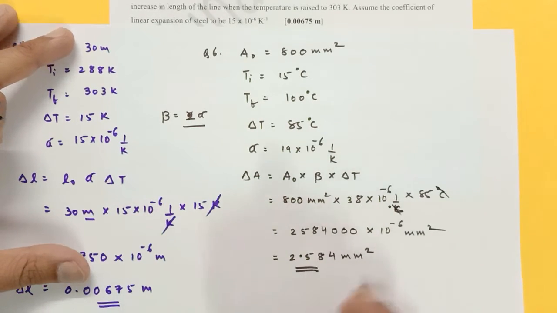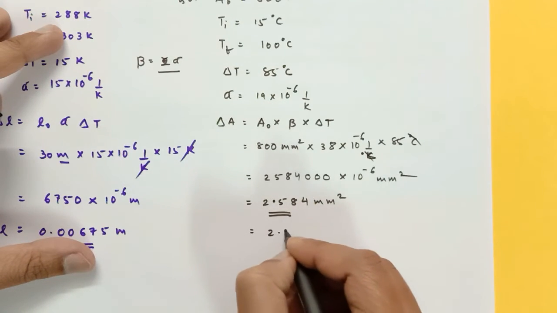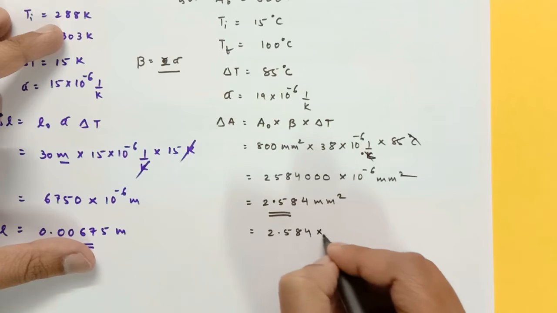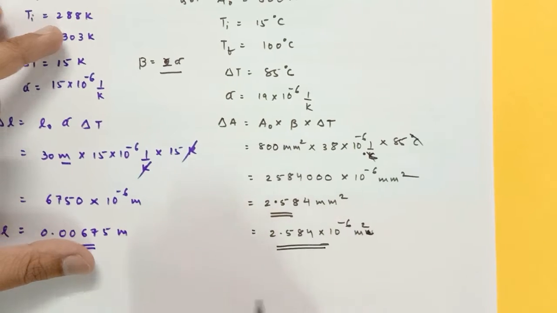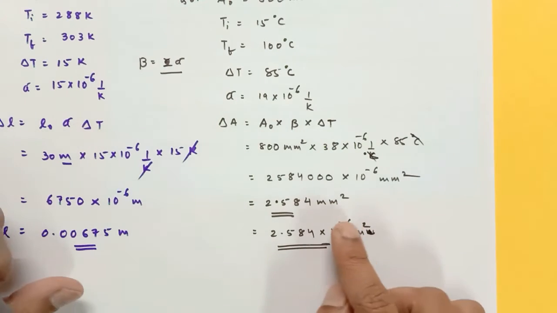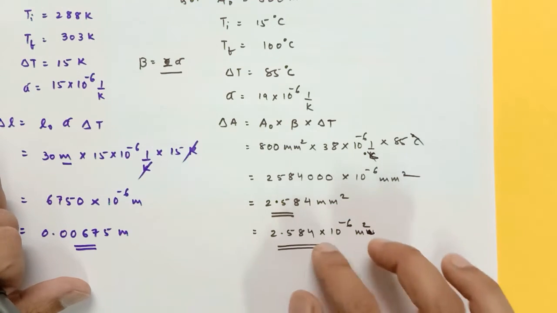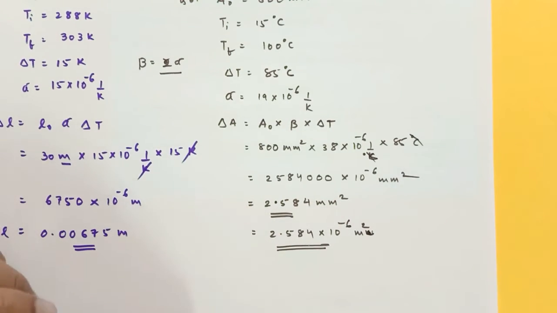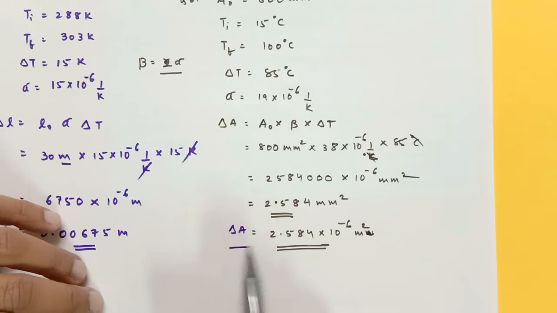Now if I still want to convert this into meter square, 2.584 into 10 raised to minus 6, sorry, now it would be meter square. This would be my answer, because 1 millimeter square is equal to 10 raised to minus 6 meter square. So this is our final answer. So we have calculated the value of delta A as well.